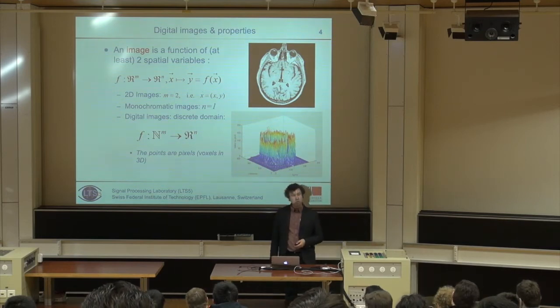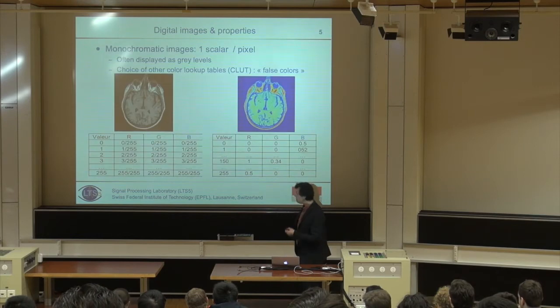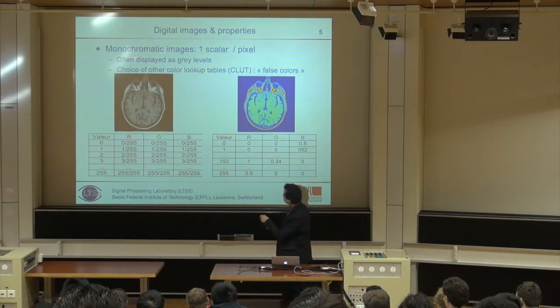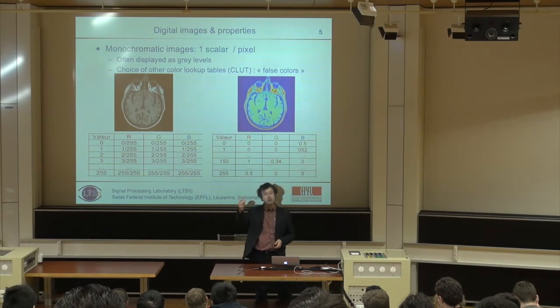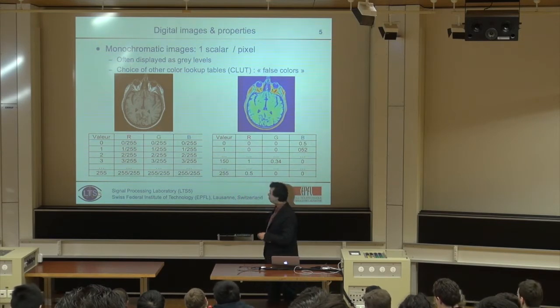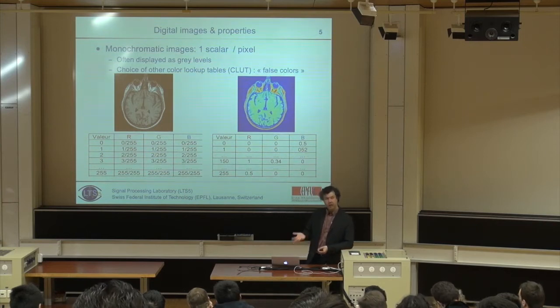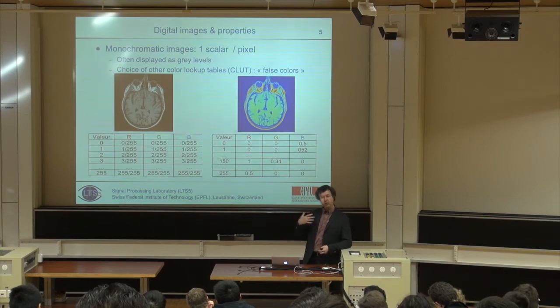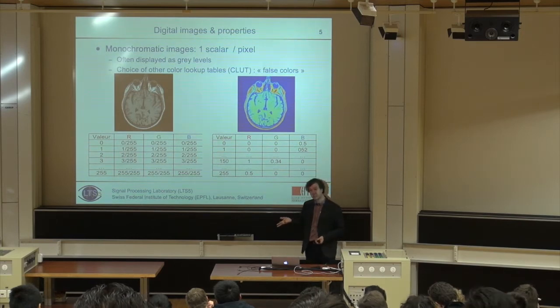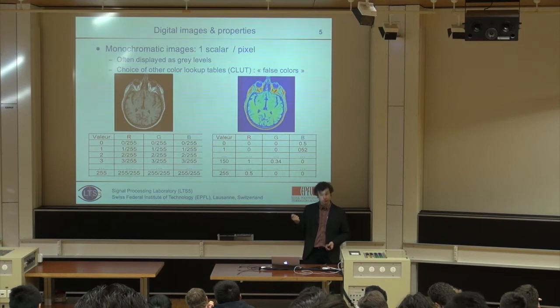Those points are called pixels. If we consider this image with a single scalar value per pixel, this is called a monochromatic image. This is typically what you get when you do medical imaging. You get an MR or a scanner or an ultrasound image. Each pixel has a single value, a scalar value.